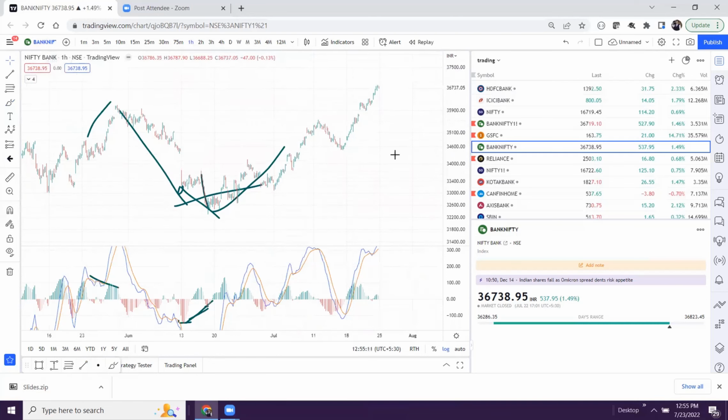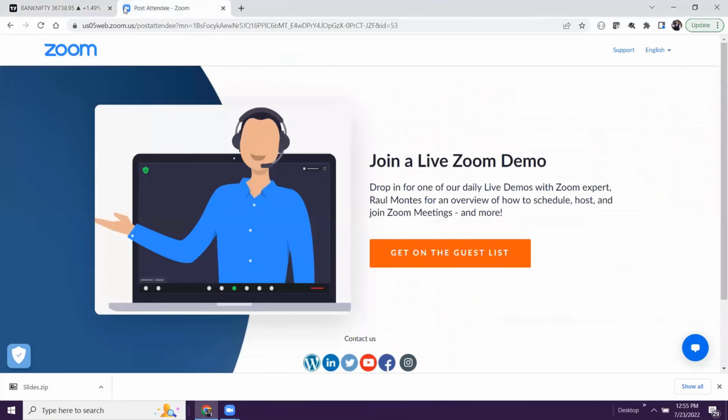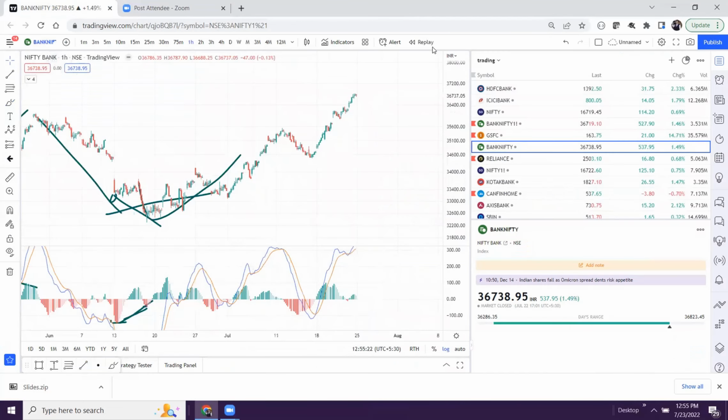Any stock which you want me to take in here, I can take that. Who else is joining here? This is the stock name.